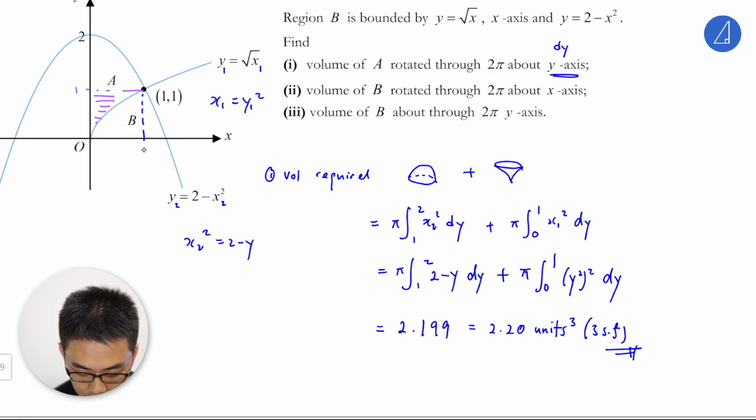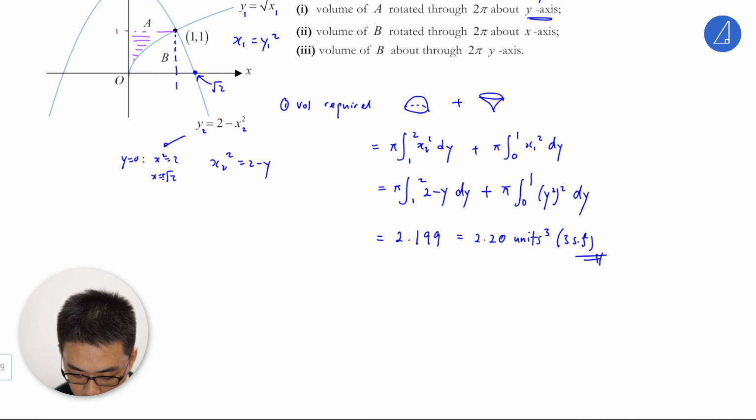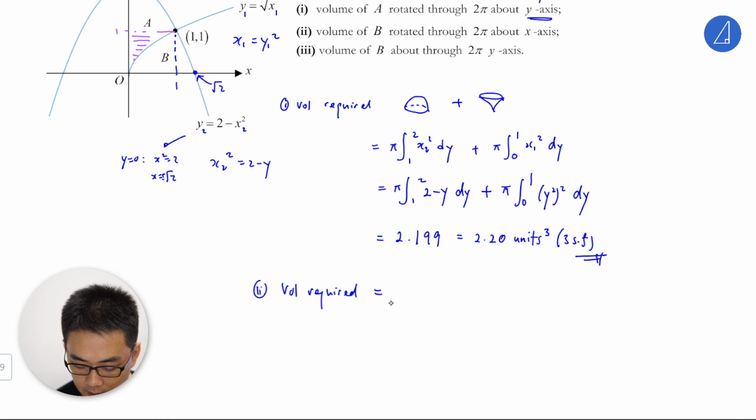So for volume of B, same thing. There are two parts here. So this is 1. This over here is root 2, right? You can actually solve it. I think this one you all know, right? y equals 0, then x squared equals 2, then you have x equals root 2. So the required volume will be this shape here. Just try and draw it out if you have problems visualizing.